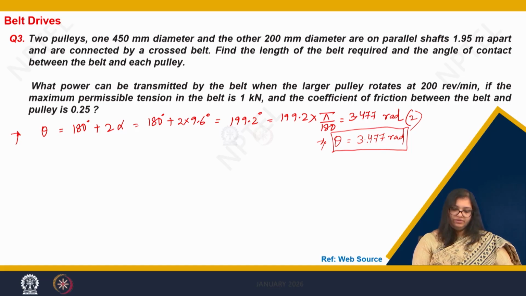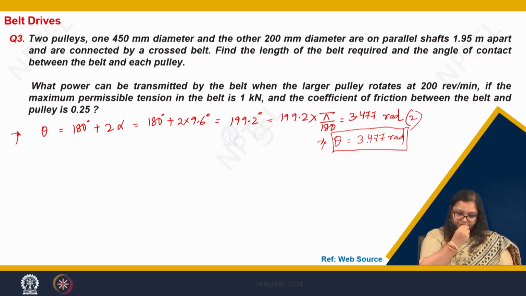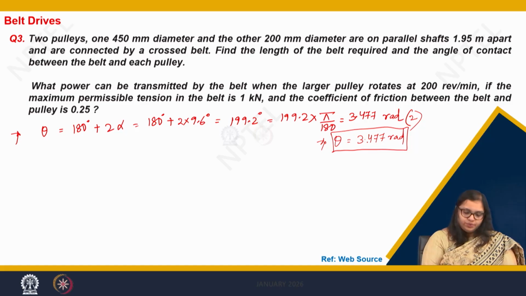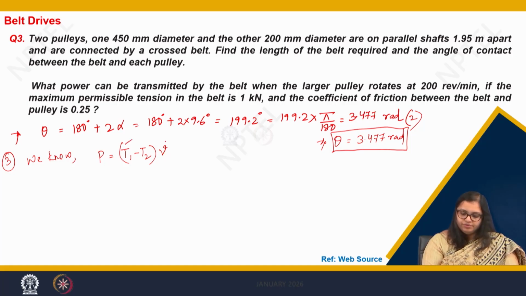Well, when we have to find the power that is transmitted by the belt, how do we find that? First, we have to find the tension. For number 3, the power that needs to be transmitted is P is equal to (T1 minus T2) multiplied with V. Here T1 we know, V we know, so how do we find T2?